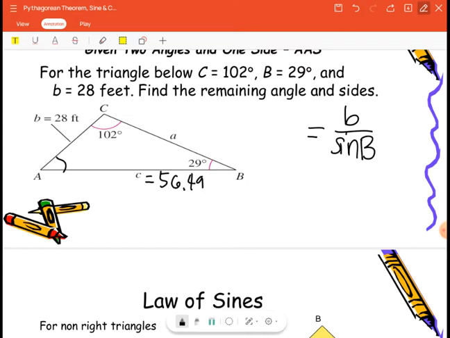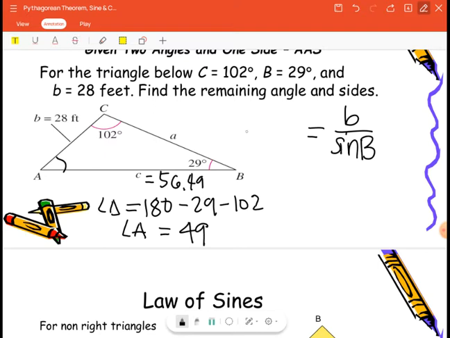Pero pwede natin siyang kunin kasi yung total angle natin ng triangle ay 180. So, 180 minus 29 minus 102. Yung angle A natin ay equal siya sa 49. Okay? And yun yung ilalagay natin dito.